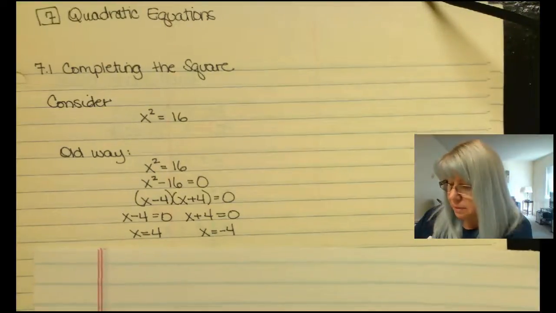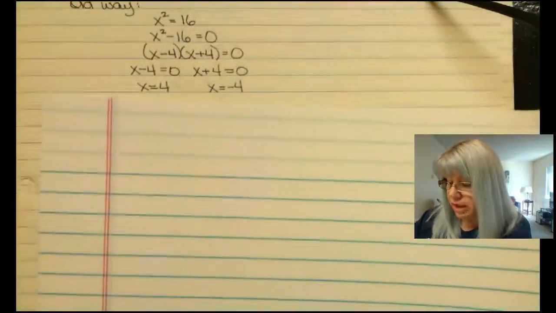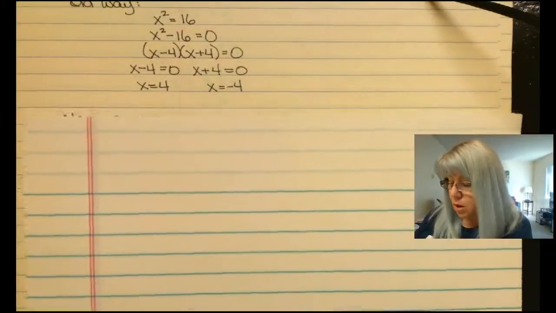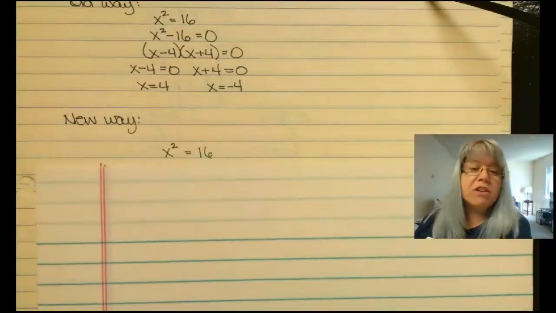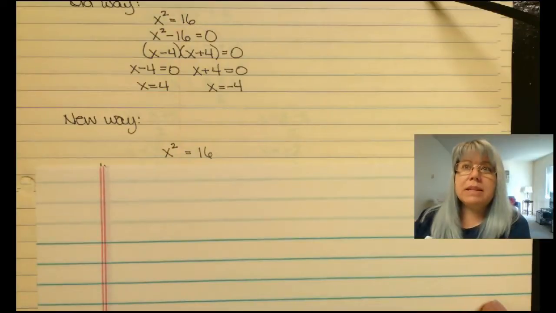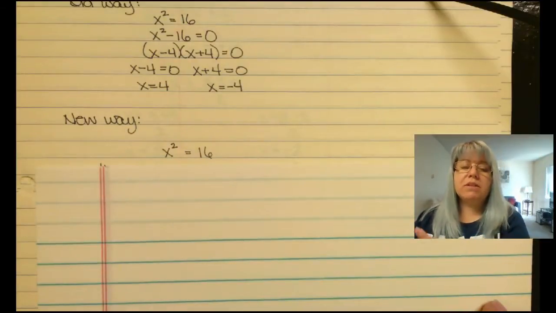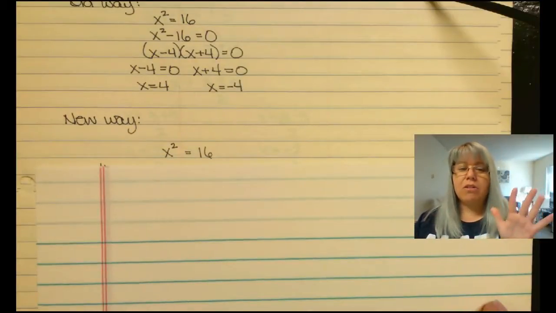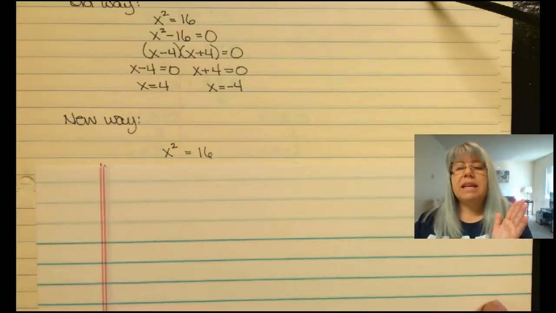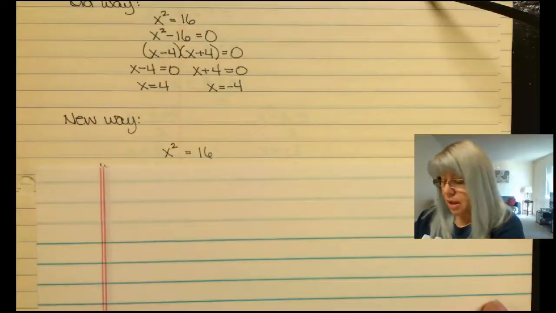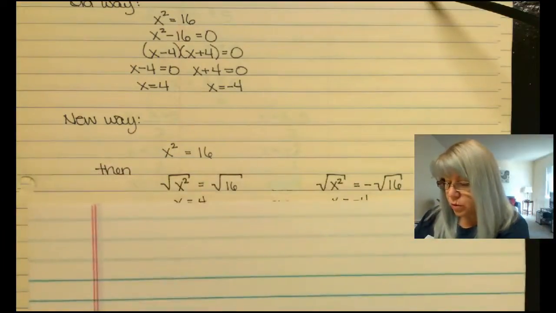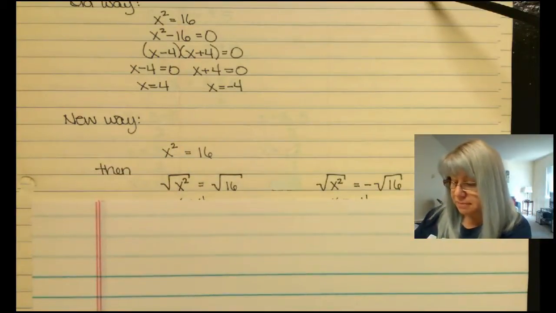So now let's take a peek at the new way of doing things. Well, how we're going to do it is we'll start off with the same problem, but what we want is all of the squaring on the left and anything else on the right. Okay. Then we're just going to take the square root of both sides.